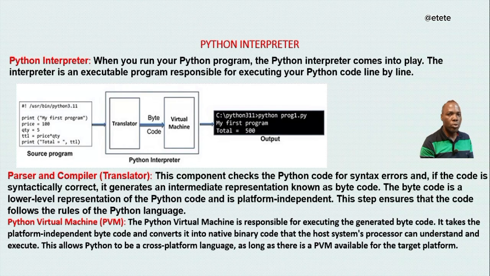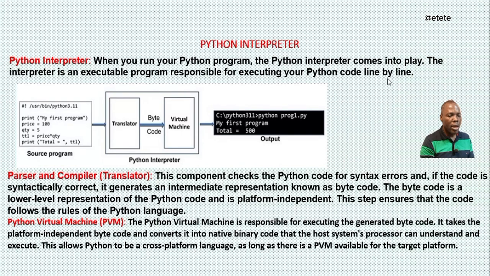I'm just going to use a little code to demonstrate how the Python interpreter does this job. When you run your Python program, the Python interpreter comes into play. The interpreter is an executable program responsible for executing your Python code line by line.